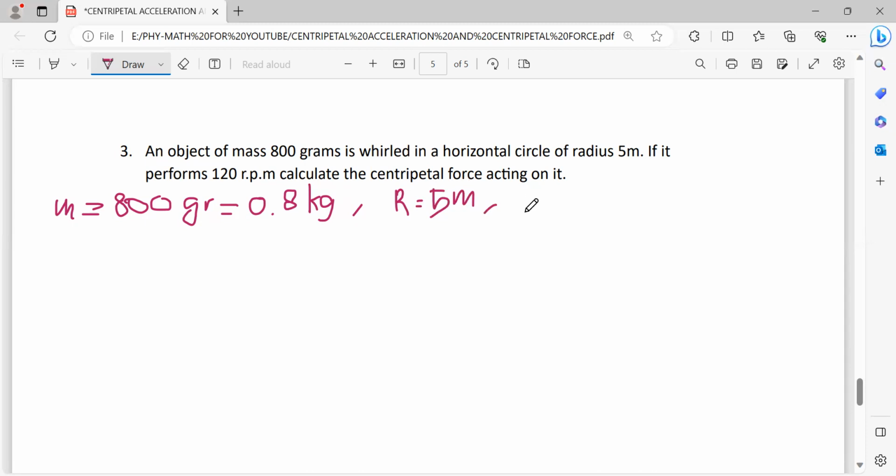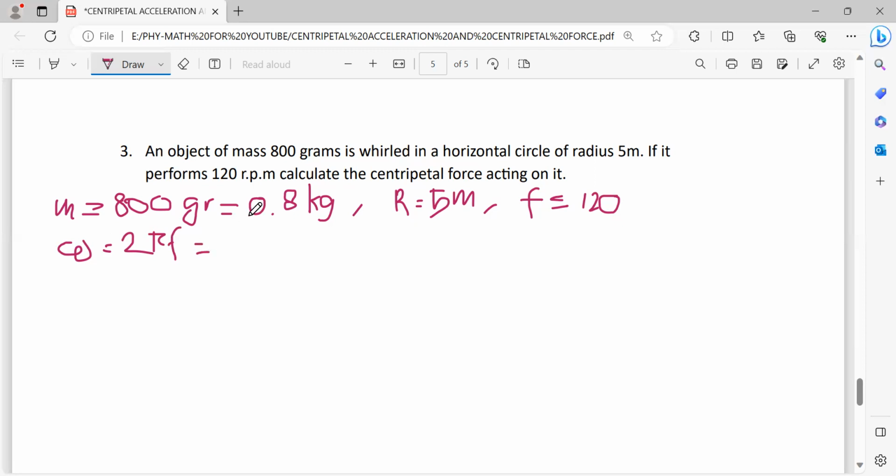Then the frequency is 120 RPM. So omega, the angular velocity, equals 2 pi times f.